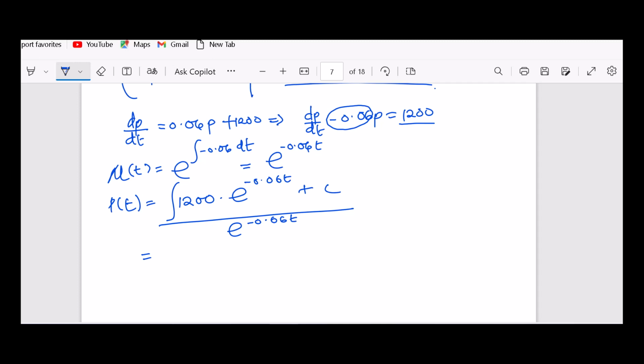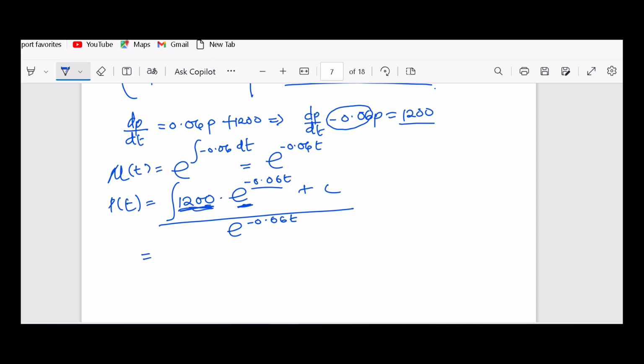Integrating this part alone, the constant comes out, and the integral of the exponential is the whole function divided by the derivative of the power, which is negative 0.06.